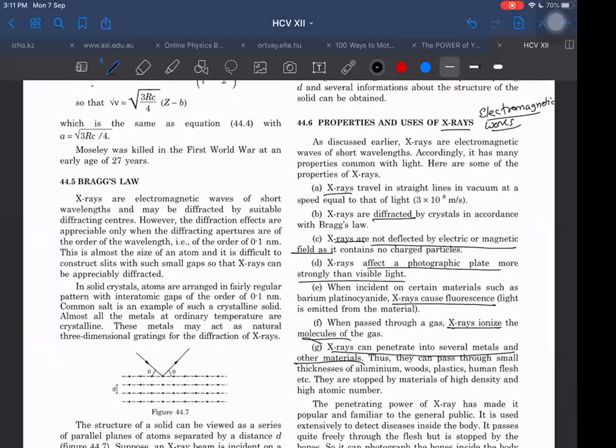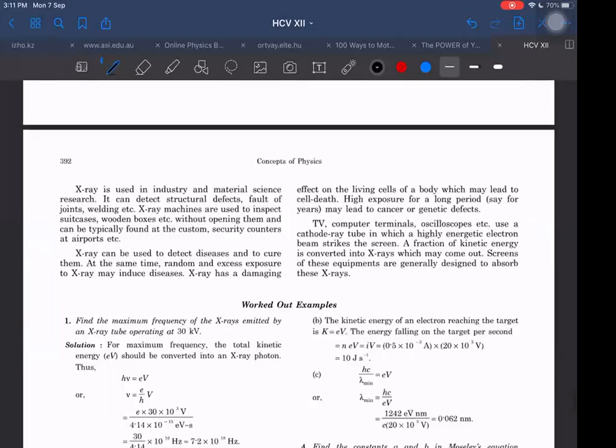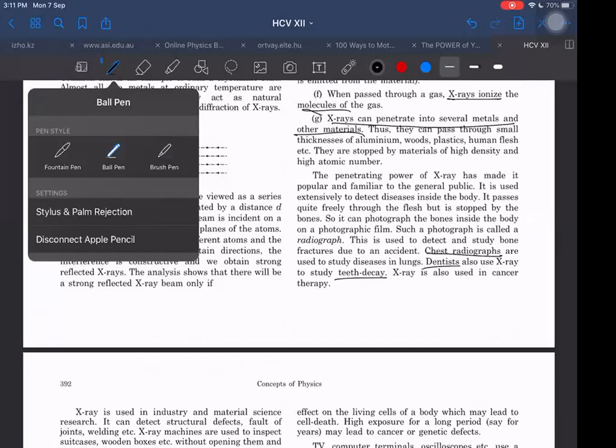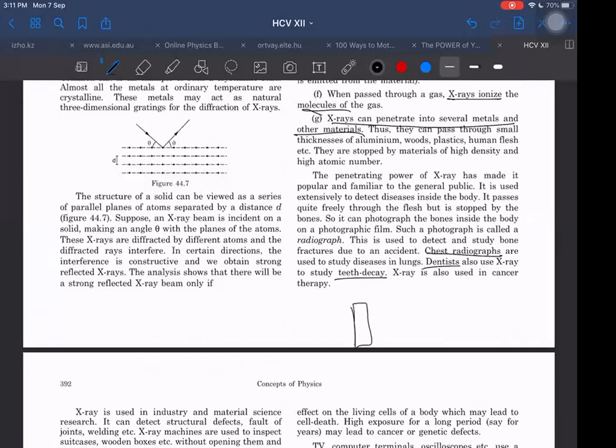And one thing about this, or about other rays also: if I have an X-ray coming in with intensity I0 and it passes through a width x, then after that the intensity becomes I0 times e raised to the power minus x by lambda. Lambda is not wavelength here, by the way.